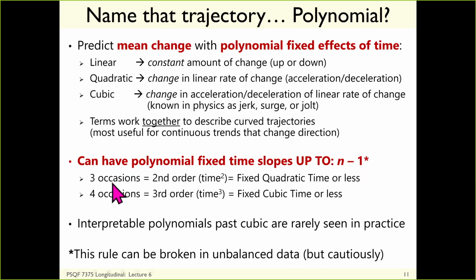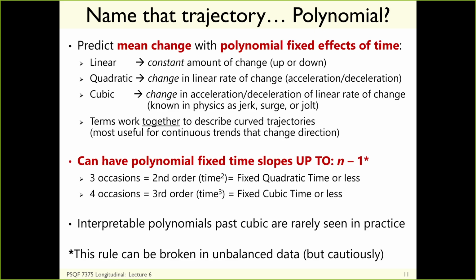So if I have 3 occasions, then I can put in a fixed intercept, time to the first power, linear time, and time squared. That's 3 fixed effects, which will perfectly recreate my 3 means. If I have 4 occasions, I can pick up time to the third power, and so then I'll have intercept, time, time squared, time cubed, and I'll have 4 parameters that perfectly recreate the 4 means.